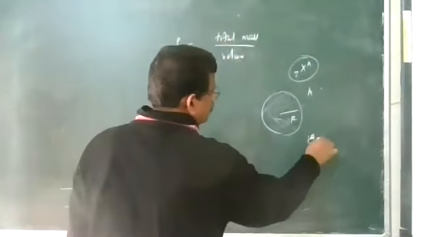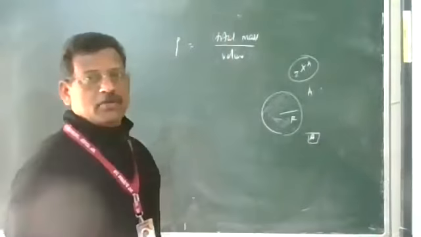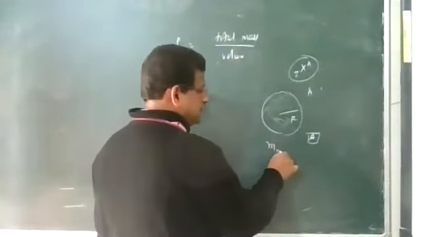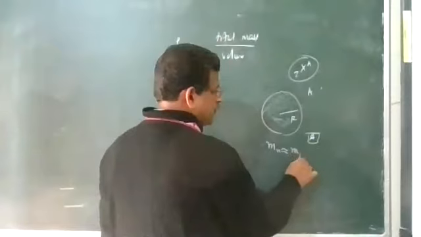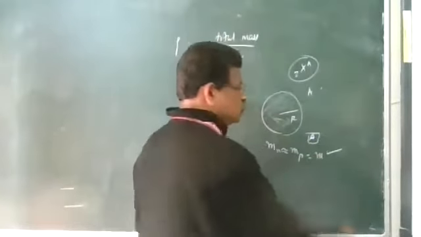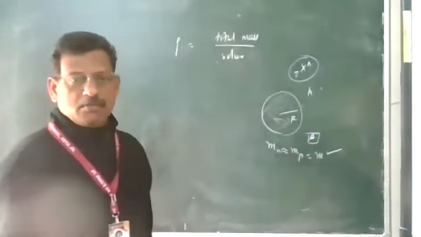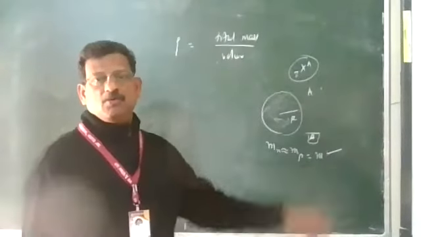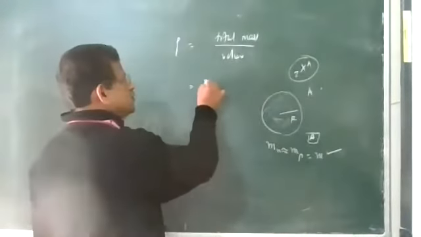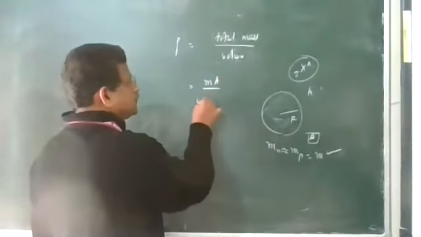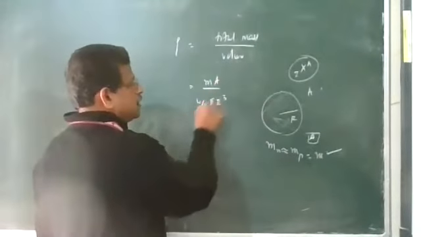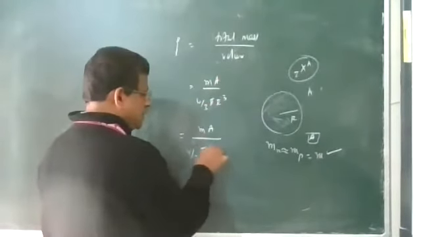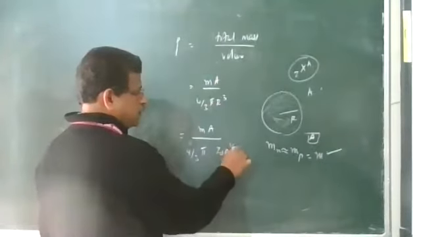So total number of nucleons is A, the number of neutrons and protons, and the neutron mass is equal to the proton mass. You can take it as small m. So total mass is the average mass of a single nucleon, m, into the number of nucleons A. Volume is 4 by 3 pi R cubed, where R is known as R naught into A to the 1 by 3.